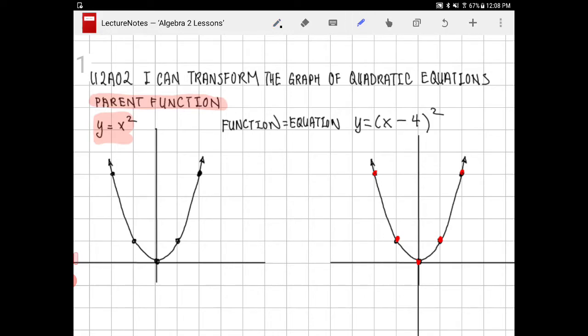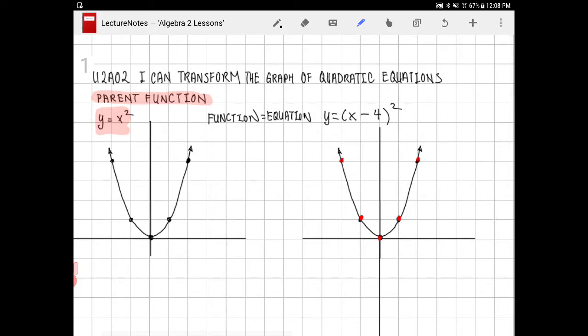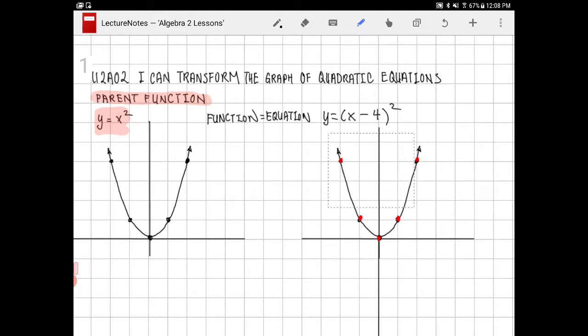All right, so with that said, I have the function y equals (x minus 4) squared, and we're going to compare how this function compares with the parent function. So for (x minus 4) squared, if you don't know what this is, I encourage you to take out your graphing calculator and punch this into the screen. And you're going to see that all the points on the parabola, which I have now in red, are going to move, and it's going to be shifted in this manner.